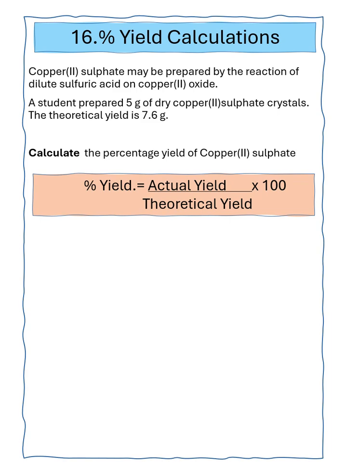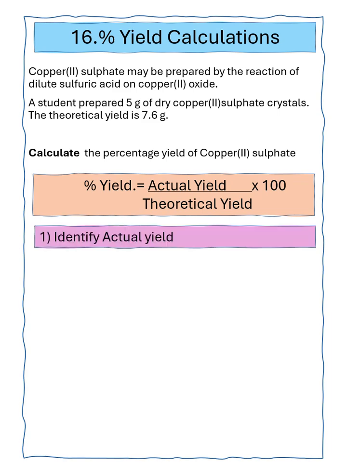Question 16. Copper sulfate may be prepared by the reaction of dilute sulfuric acid on copper oxide. A student prepared 5 grams of dry copper sulfate crystals. The theoretical yield was 7.6. Calculate the percentage yield of copper sulfate. So we use the equation, percentage yield equals actual yield divided by theoretical yield times 100.